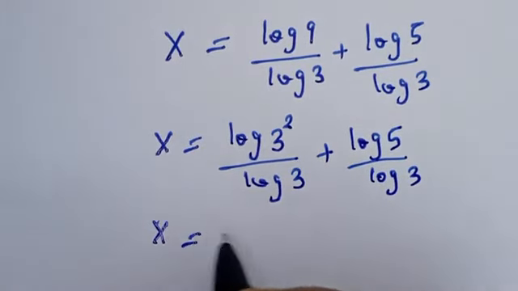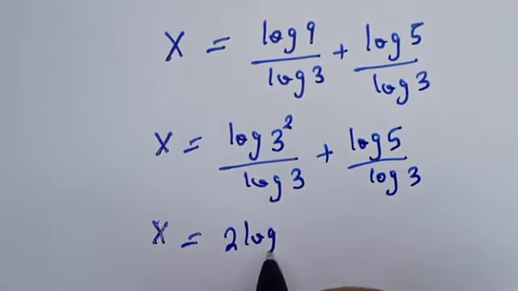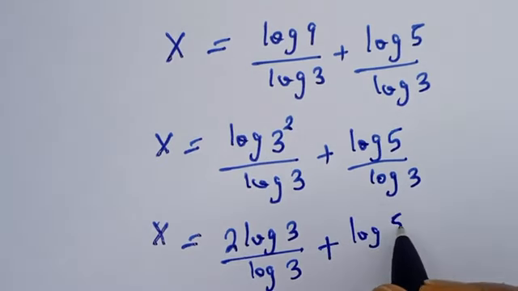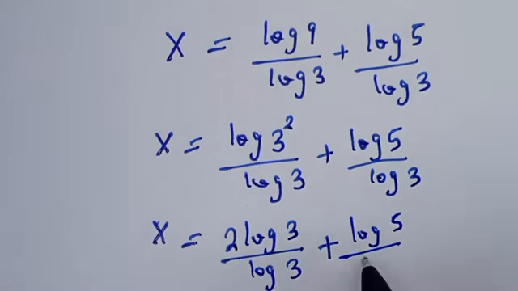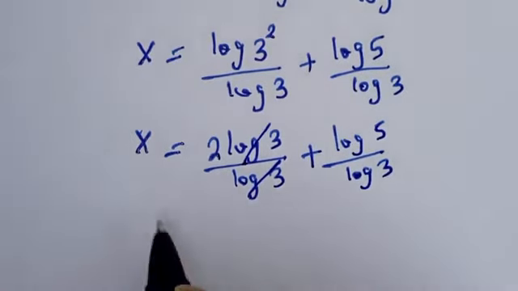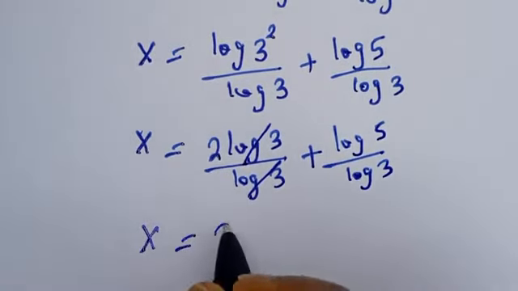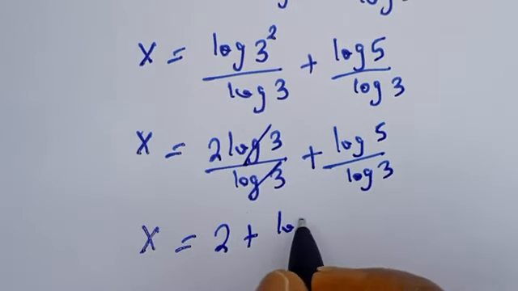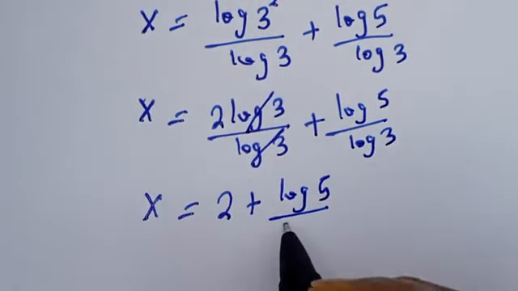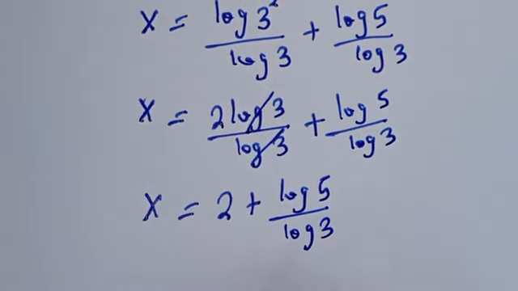S is equal to 2 log 3 divided by log 3 plus log 5 divided by log 3. This will cancel this. S is equal to 2 plus log 5 divided by log 3.